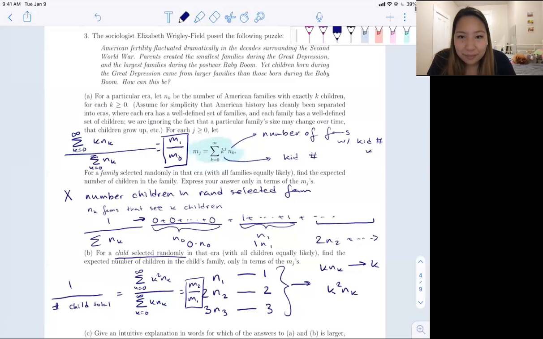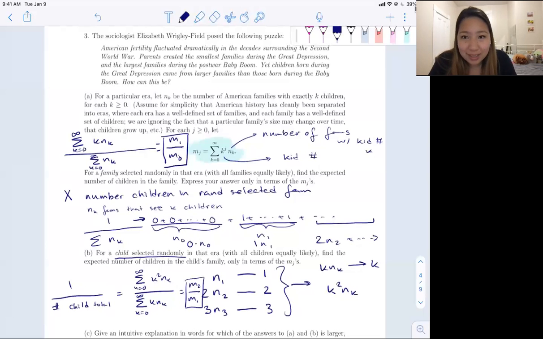Okay, so the second line, parents created the smallest families during the Great Depression, that kind of talks about the parents' point of view, like the average family size. So the average family size in the Great Depression was smaller than that for the baby boom.